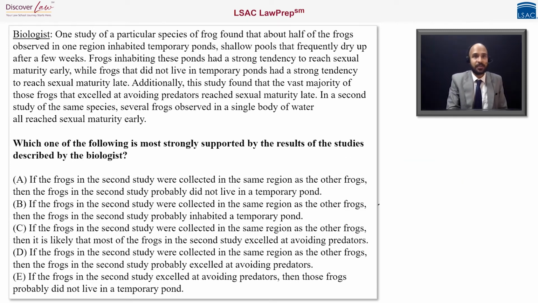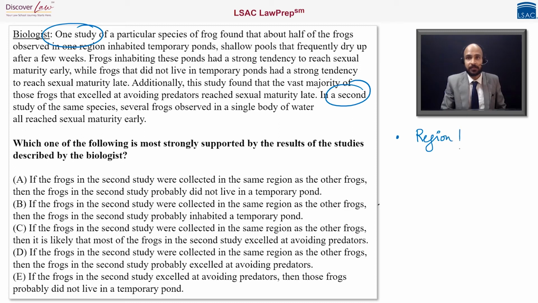So when we're trying to relate the first study to the second study, the first point that we need to remember is that the region has to be the same, and in this case we really don't know, because you can see here that it talks about the same species but does not say same region. So the first parallel that we need is that the region should be the same. The second thing is, what is the relationship between the two studies?